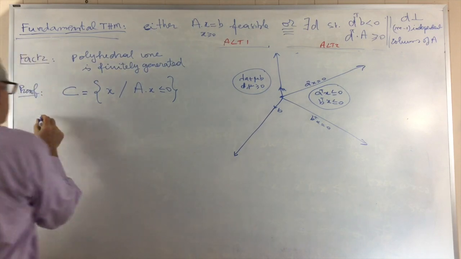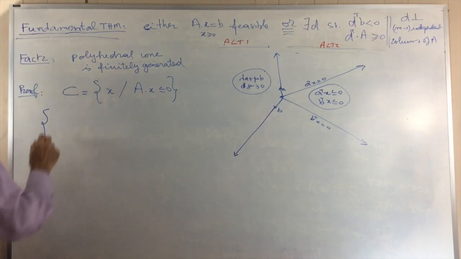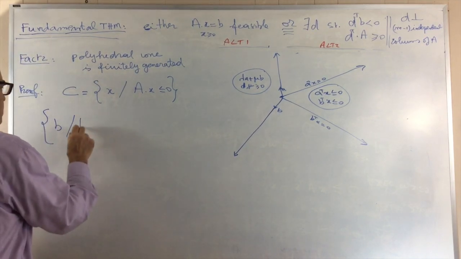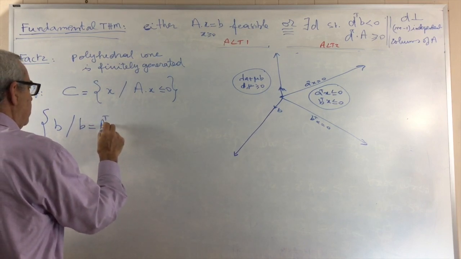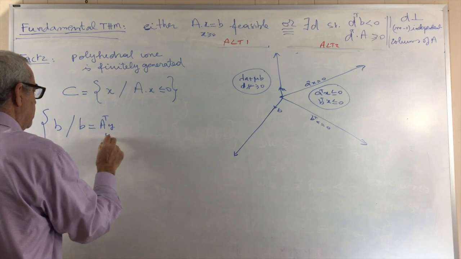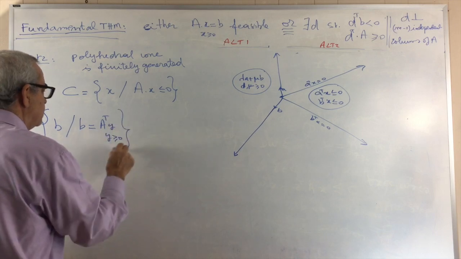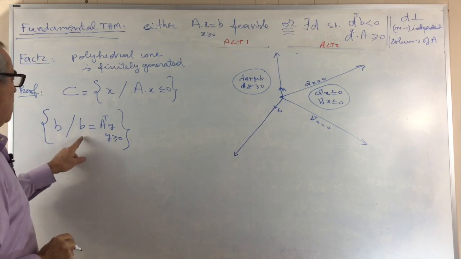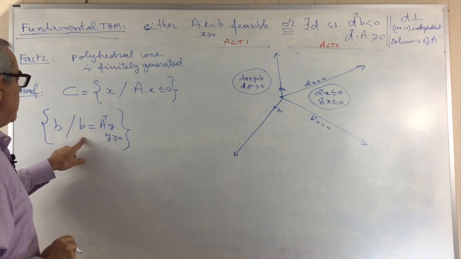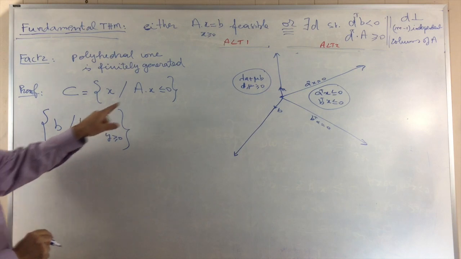So in my case, I'm going to look at the set of all B such that B is equal to A transpose Y, Y greater or equal to 0. Same thing there. So this is a finitely generated cone, just like this one.